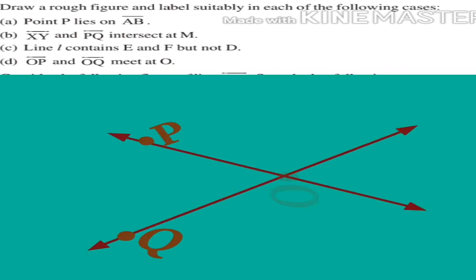Next, line L contains E and F but not D. The point D you can take anywhere on the plane, on the left or on the right, but not on the line EF. OP and OQ meet at O. Meeting point will be O.